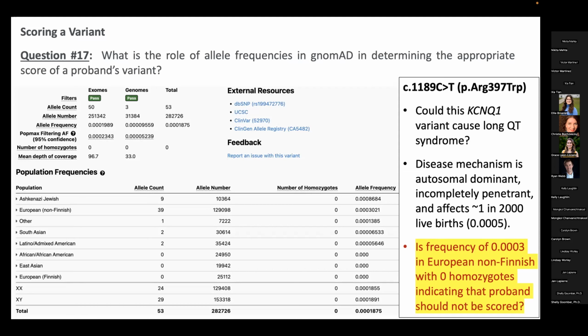These are all discussions you should have with your group: how many alleles do they want to see for a population to really assess the frequency, so there's no bias from not having enough of a denominator in that calculation. Yeah, good point. So in this case, we might pick the second one just because it has a higher allele count, and feels more trustworthy.